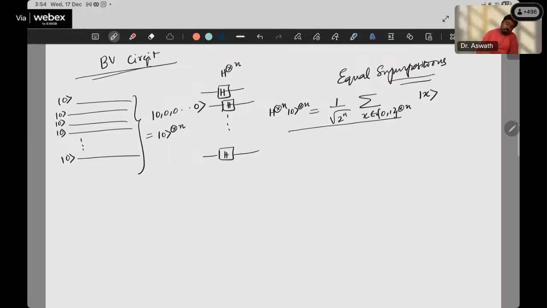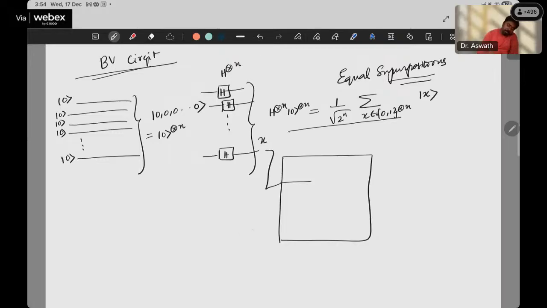Now after the equal superposition, I'll have a unitary function. Let's say this is all the query part, and I have an ancilla part. So there is an x, there is a y. There is a unitary function: x goes as it is, and y gets modified as per the function. Now it's not just adding f of x.